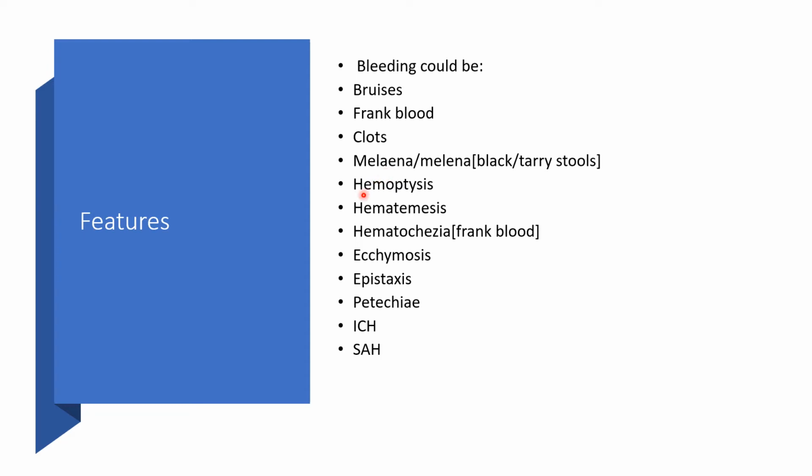Hemoptysis, where the phlegm or sputum is blood stained, or even sometimes people cough up blood in large quantity, or hematemesis when you vomit blood, or hematochezia when there is frank blood from the anal region, ecchymosis, or epistaxis when you are oozing blood from the nostrils, petechial patches, intracranial hemorrhage, that is concealed bleeding inside the brain, or subarachnoid hemorrhage, between the brain and the coverings of the brain, abdominal hematoma within the abdomen, thoracic hematoma, cardiac tamponade, and so on and so forth. The list is pretty long.